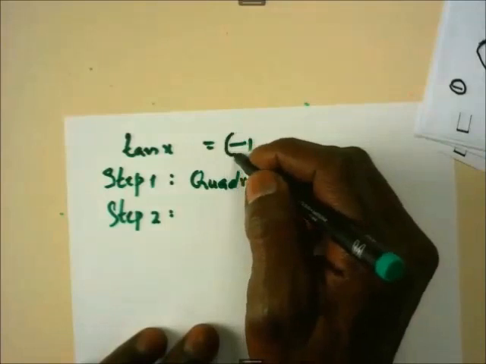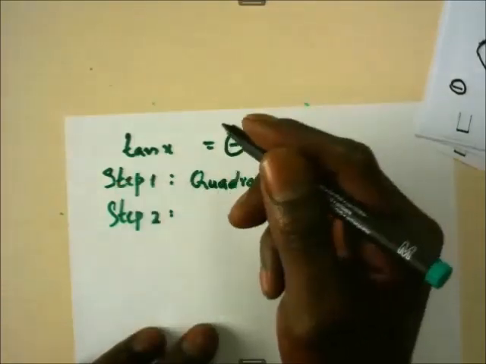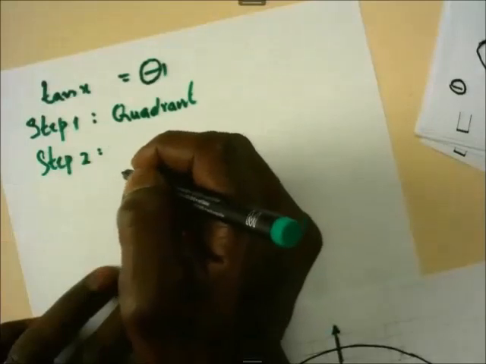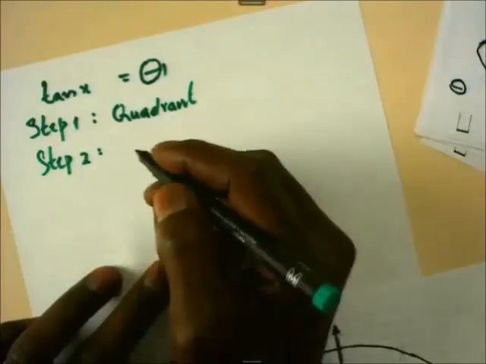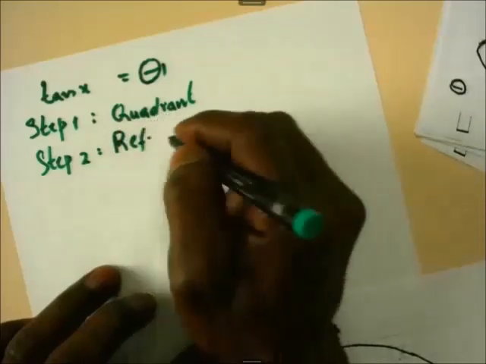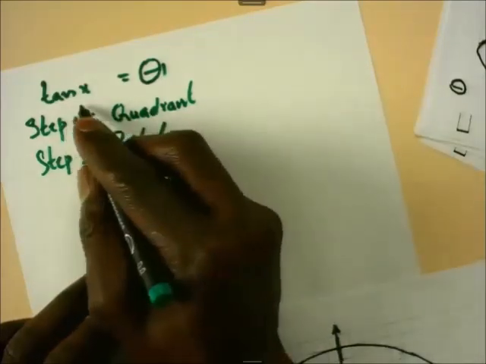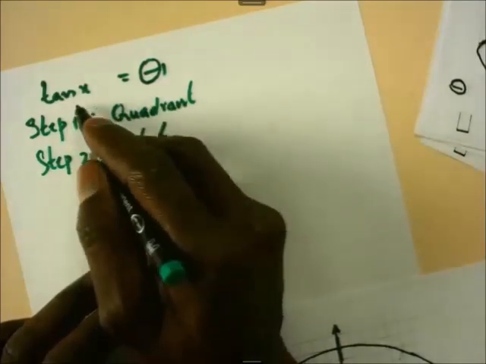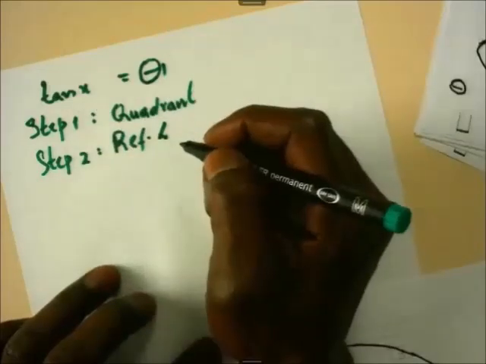It means we are done with that minus sign. Now, step number 2, we are going to find the reference angle. We are going to refer to this angle to find the solution for the equation tan x is equals to -1.